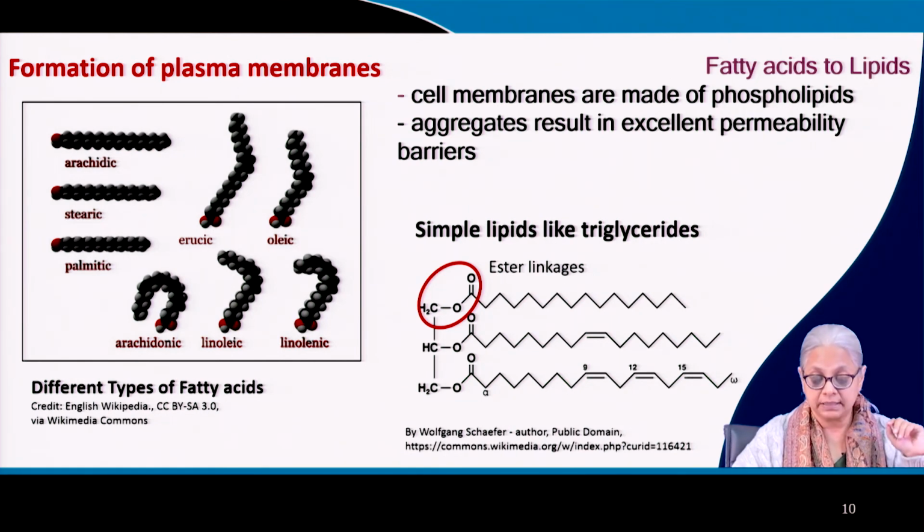Amphipathic means one side, this side which has oxygen, is hydrophilic, and the other side which has the fatty chains, these fatty chains have no oxygen, they are only carbon and hydrogen, they are hydrophobic. So we call this the head and these are the tails.